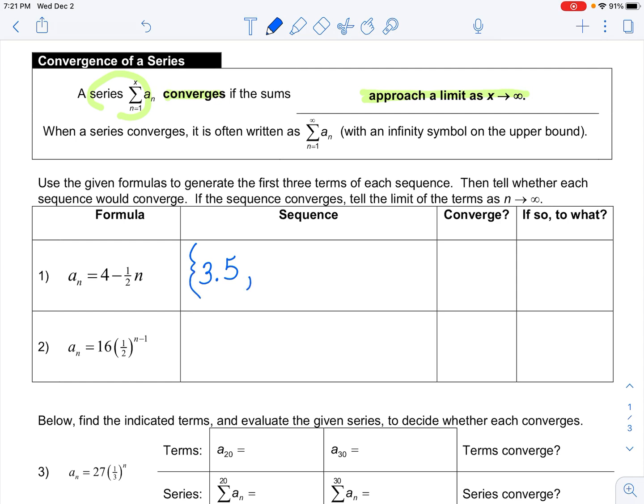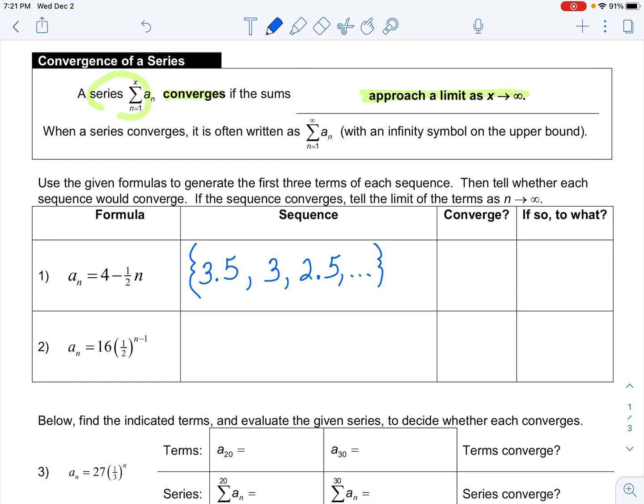If I let n be 2, 4 minus 1/2 times 2 will be 3. And if n is 3, to get the third term, it'd be 4 minus 1/2 times 3, I get 2.5. Now, you have to realize this keeps going. I just listed the first three terms.